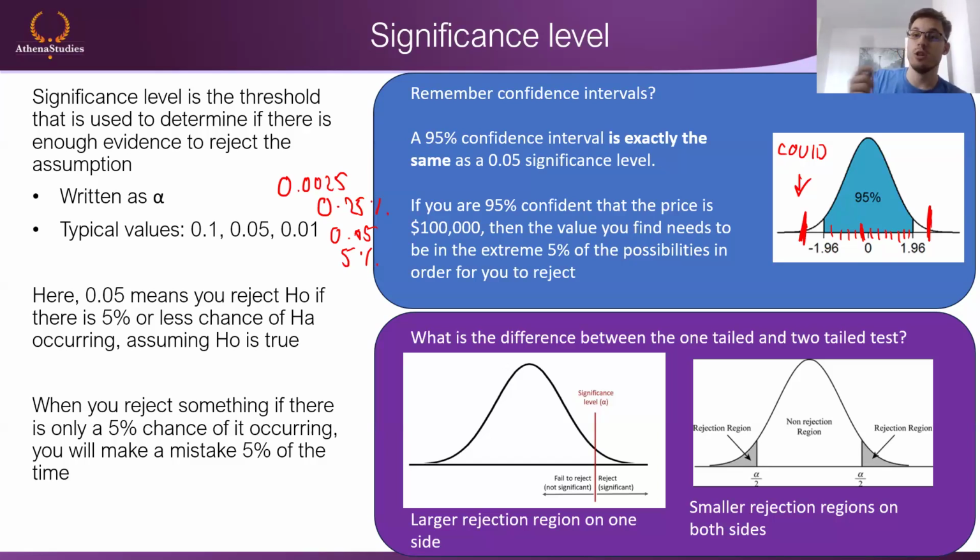If we're testing if something is lower than something, we only have extreme high outliers, because all the outliers on the lower side of the tail still reject the null hypothesis, right?